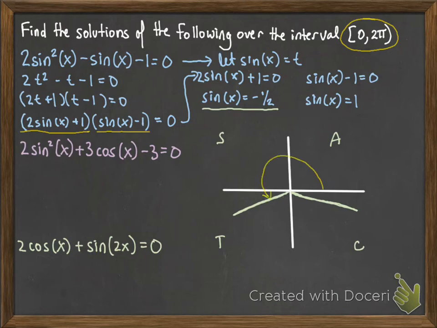the first one is going to be this guy, which should be 30 degrees more than half a turnaround, which is going to be pi. So it looks like the first one would be 7 pi over 6, and the other one should be all the way around here, which is going to be 11 pi over 6.